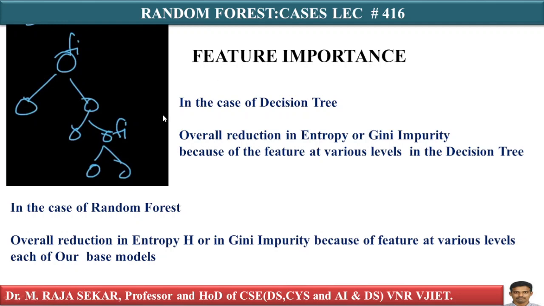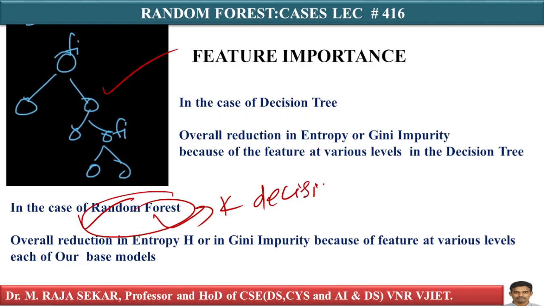In the case of decision tree, you have only one decision tree. In the case of random forest, you have k decision trees. We see if a feature is used in lots of decision trees, and in each decision tree, if it is important, overall for random forest it should be important.